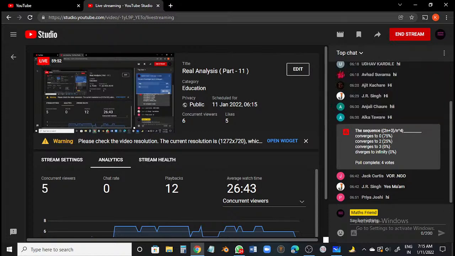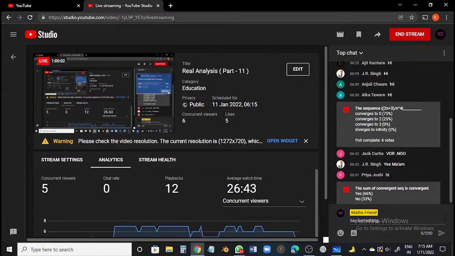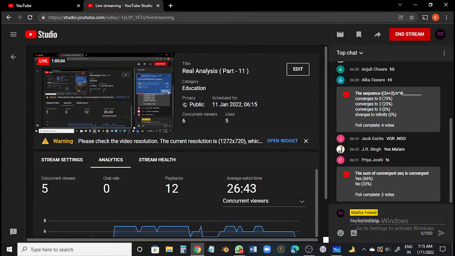So he ended the poll and the majority is correct actually. In mathematics, majority has no value, correctness is correctness, but here we have found that the majority of the people are correct. The sum of convergent sequences is always convergent. We have shown this.